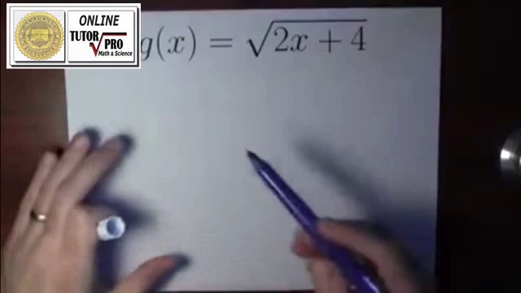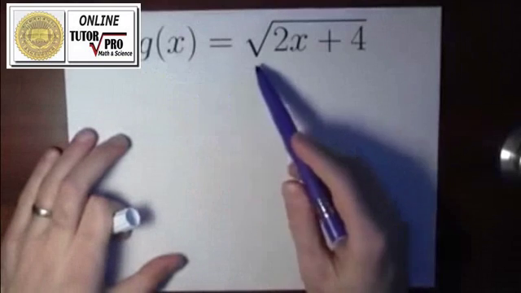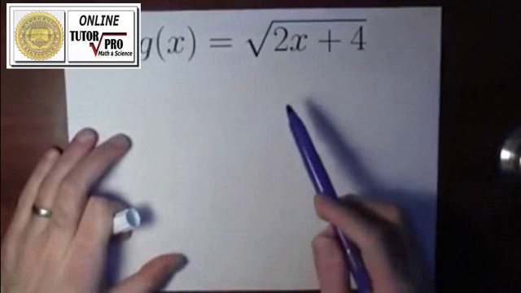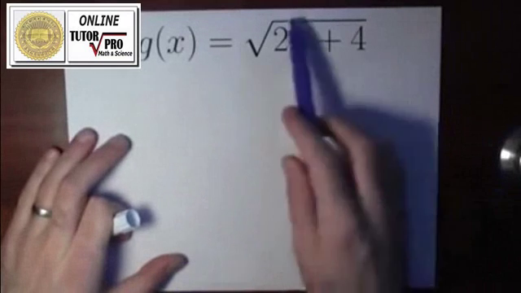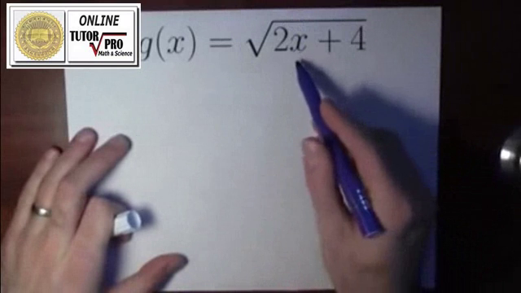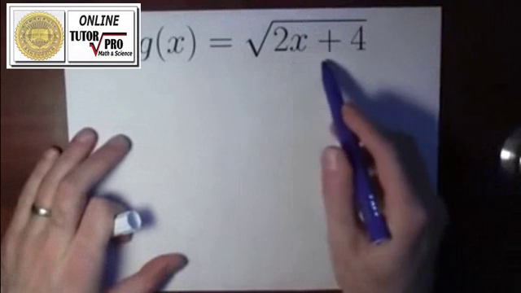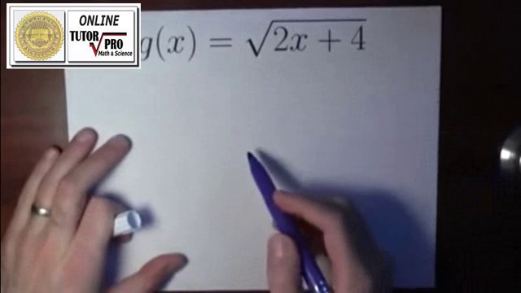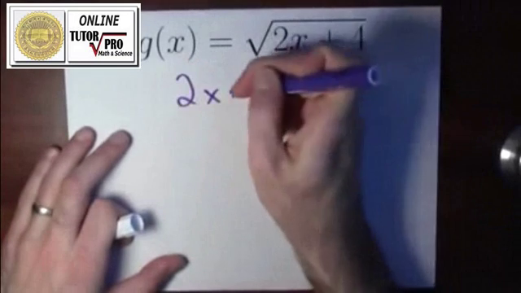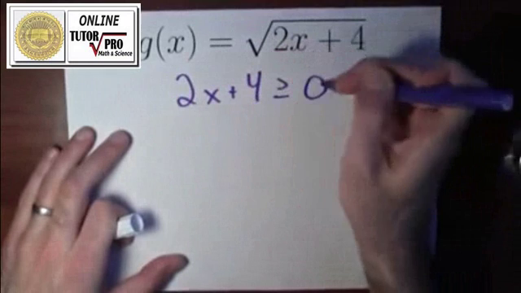So let's try this. Let's try to find the domain of this function g, which is the square root of 2x plus 4. And remember, the domain consists of all the inputs for which the rule makes sense. So I just have to think, which x values make sense for this rule? Well, in order to take the square root of 2x plus 4, I'm going to need that 2x plus 4 is not negative.